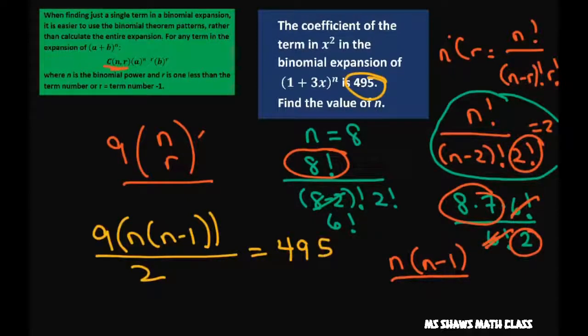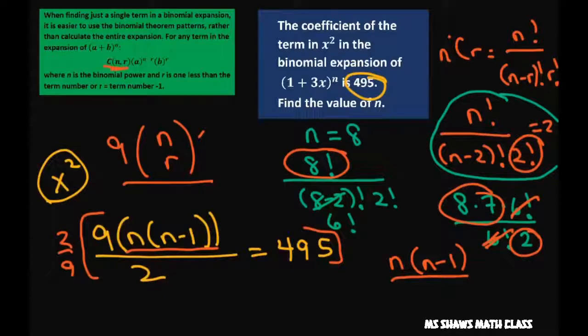We already know that this is the coefficient of the x squared term. Now simplifying this, I'm going to multiply both sides by 2/9. So we're left with this, and you get n squared minus n equals 110.